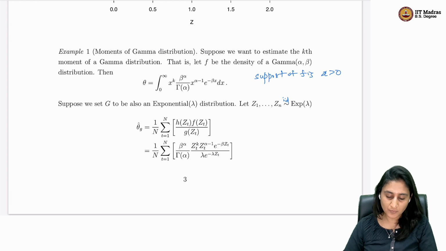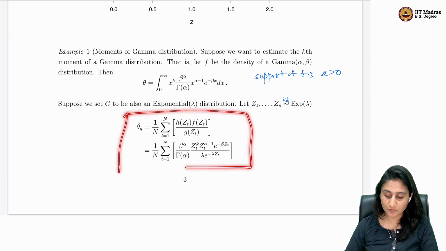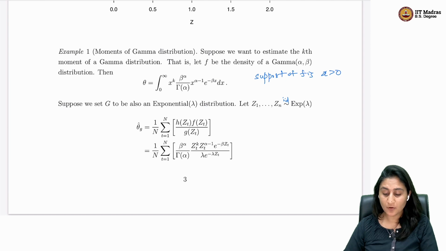I can plug in what h, f and g look like. h of z is z to the power k, and then I have this coming from my f, and the denominator comes from my g, my exponential distribution. That gives me my estimator, and I can go ahead and implement this. We already know that we can generate samples from an exponential random variable using the inverse transform method, so we're all set.